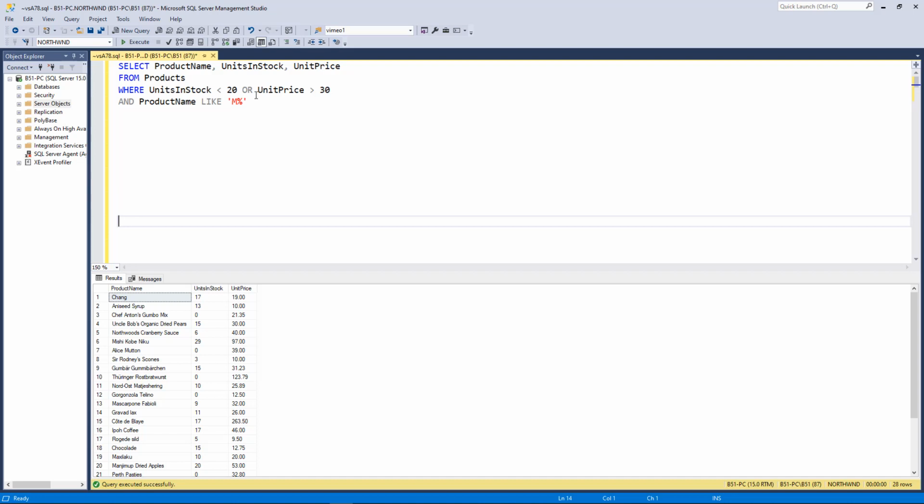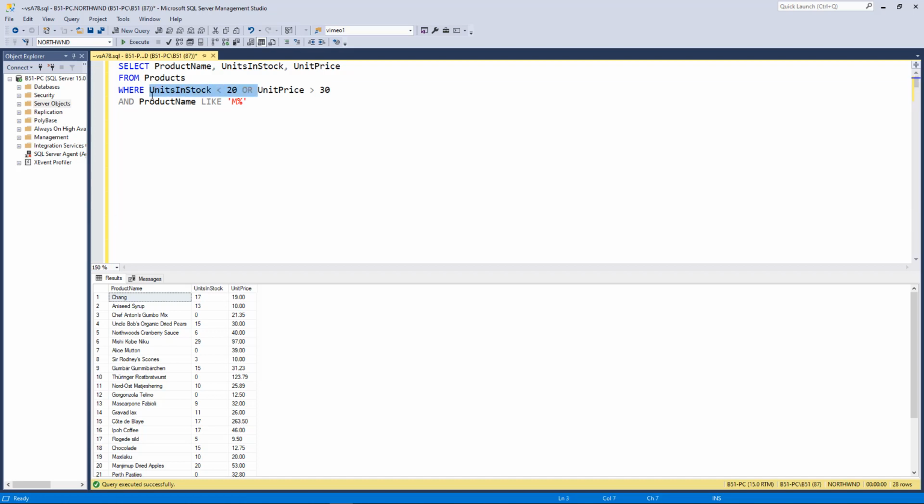The SQL will look for the first condition, units in stock lower than 20. If it sees any units in stock lower than 20, it gives us this row. Or if the unit price is higher than 30 and the product name starts with M.